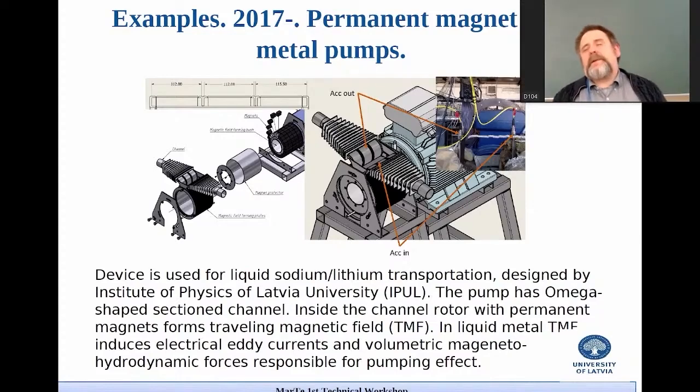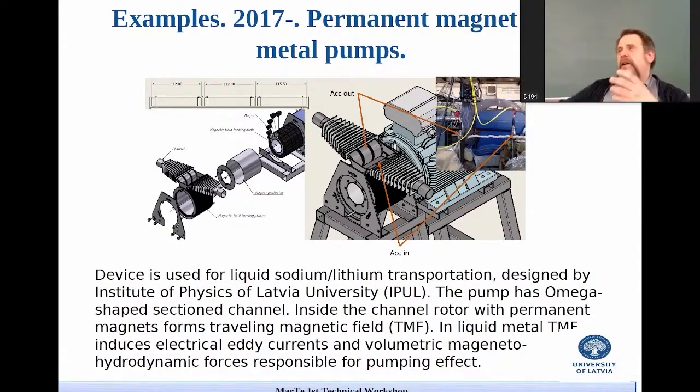Also, some of those pumps are used in a different branch of research and engineering, for the aero fusion project, so some of them are also just packed and given to the aero fusion project. And the pump works like that. We have magnets here, which are connected to a rotor.